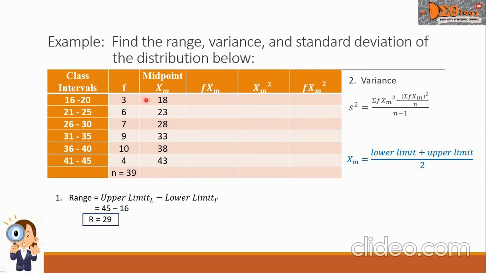So 3 times 18, and we will write the answer here. The answer is 54, followed by 138, then 196, then 297, 380, and the last is 172.